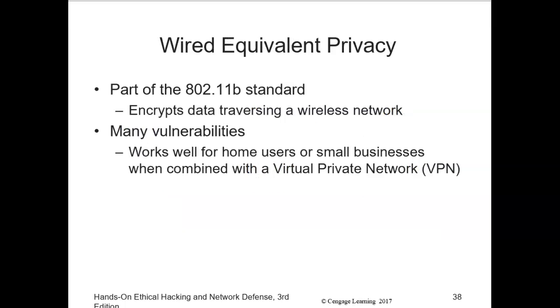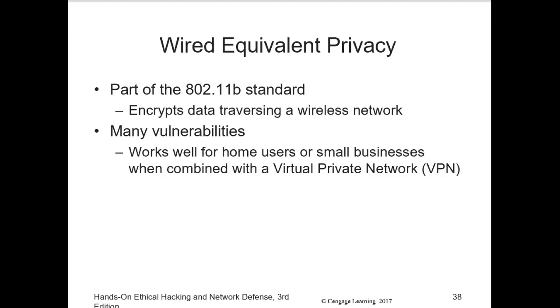Most wireless access points do come with the ability to enable one of four wireless encryption standards. So most of them will be able to encrypt wirelessly using WEP, WPA, which is Wi-Fi Protected Access, WPA2, or now even WPA3.